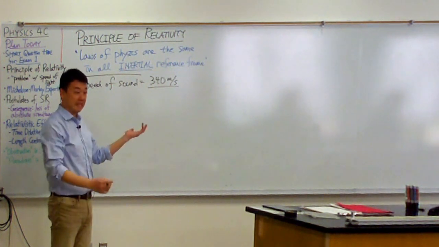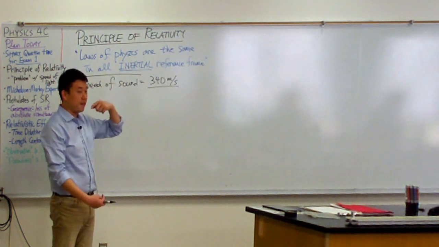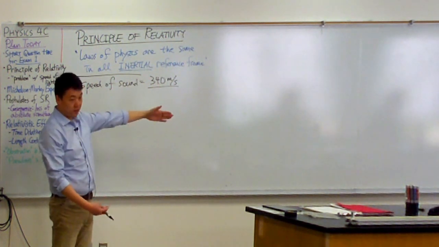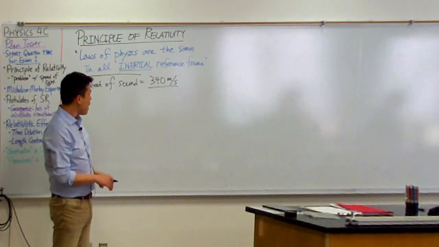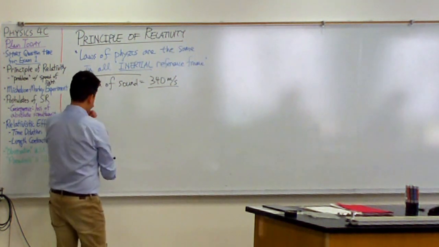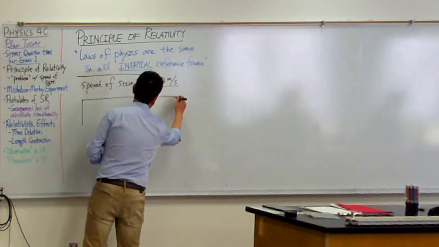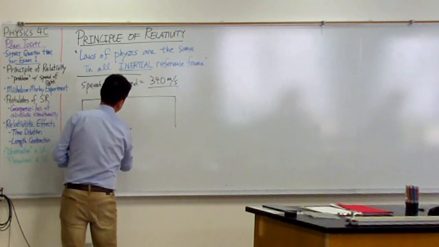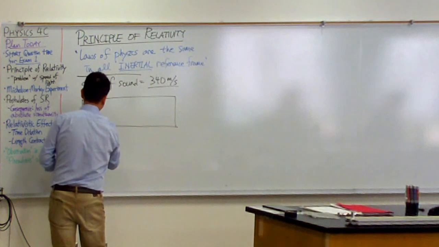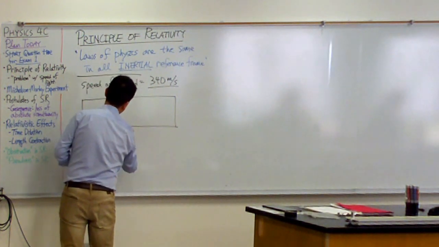So if you could see the sound waves coming out of my mouth, you would see it moving at 340 meters per second. What if this source of sound was on a train?